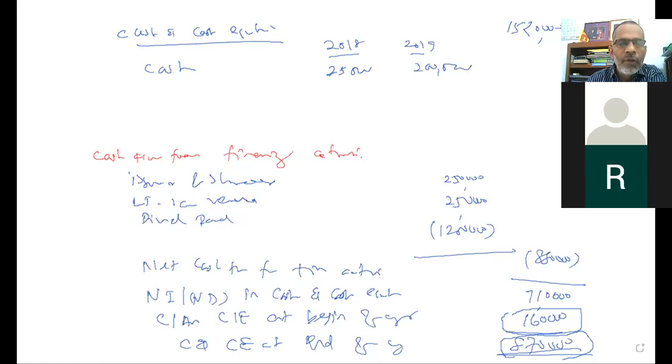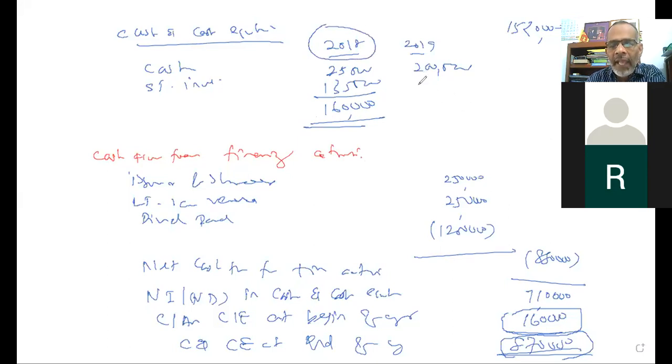Again, the short term investment 135, that is why the total is 160,000. Cash and cash equivalent at the beginning of the year, and at the end of the year we know that it is 870, therefore this 670 is given.